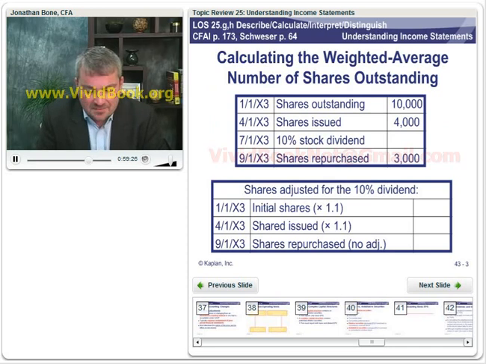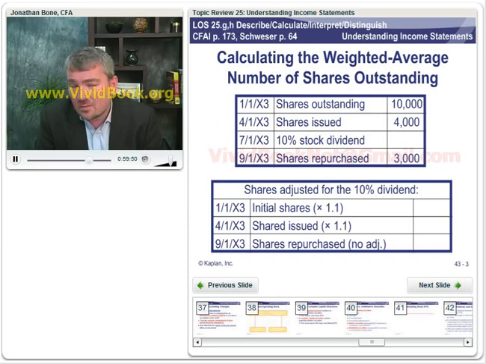Okay, in our following example, we've got the number of shares outstanding at the beginning of the year, 10,000, and that's on the 1st of January. Then on the 1st of April, 4,000 shares being issued. Remember again, if you're European, we would typically read dates as day, month, year, but remember it's an American exam, so you're seeing month, day, year.